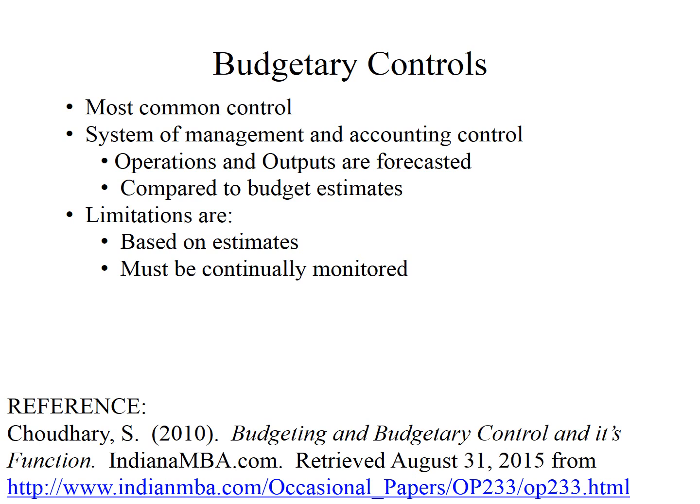And then these are compared to the budget estimates to allow managers to equally distribute the money where it's needed most, or where it can be best used. The limitation is that they are based on estimates, which is a downside to budgetary controls, because it's not all facts.